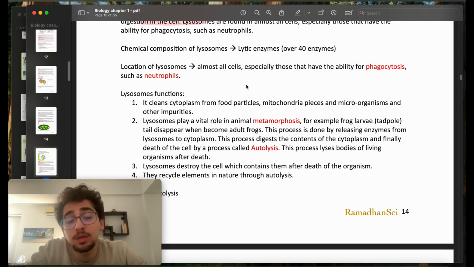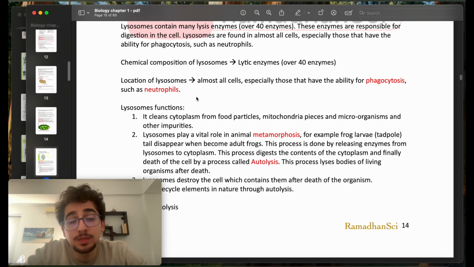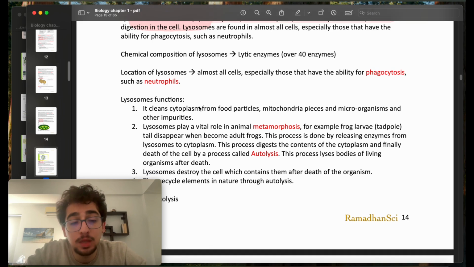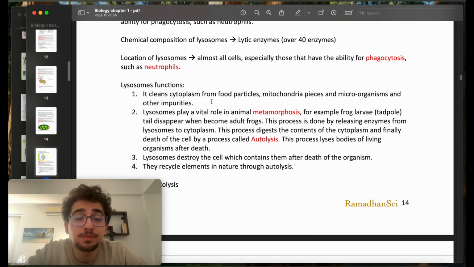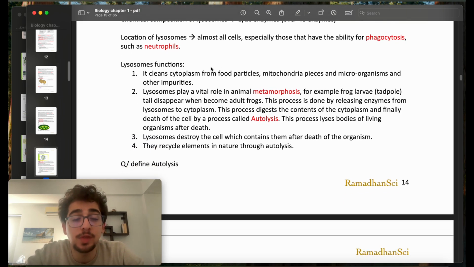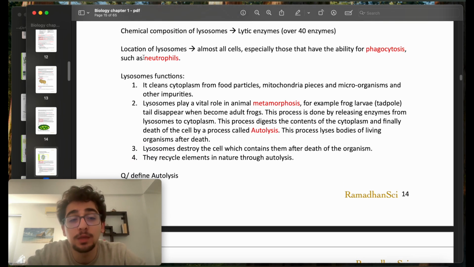For example, during infections, neutrophils are activated to kill the microbes in our bodies. And in order to kill them, we need a lot of lysosomes that will secrete the enzymes that will kill the microorganisms. Okay? This is also one of the questions that you can get, as in why neutrophils are full of lysosomes.